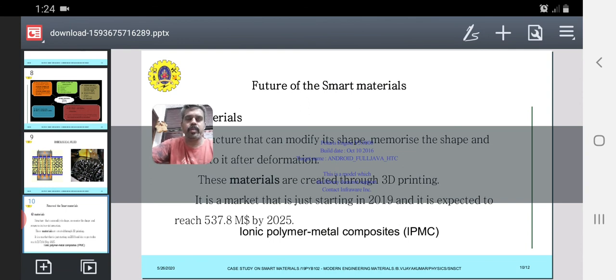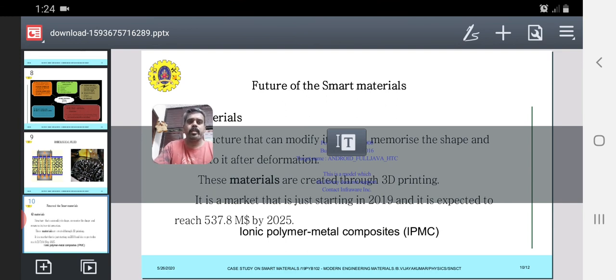The next slide is very important. We discuss, in the form of a conclusion, the features of smart materials. First we discussed 4D materials. What is a 4D material? Already we know that dimension-wise there is 2D, 3D, like that. This is the 4D. So a 4D material is a structure that can be modified, remembering its memory and shape after deformation. These materials are created through 3D printing.